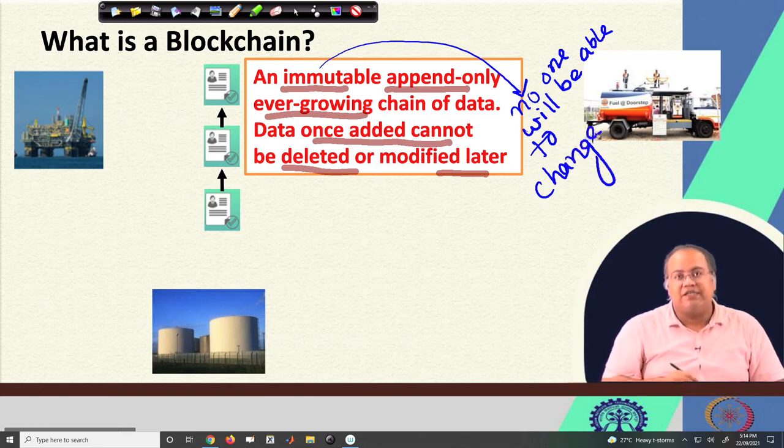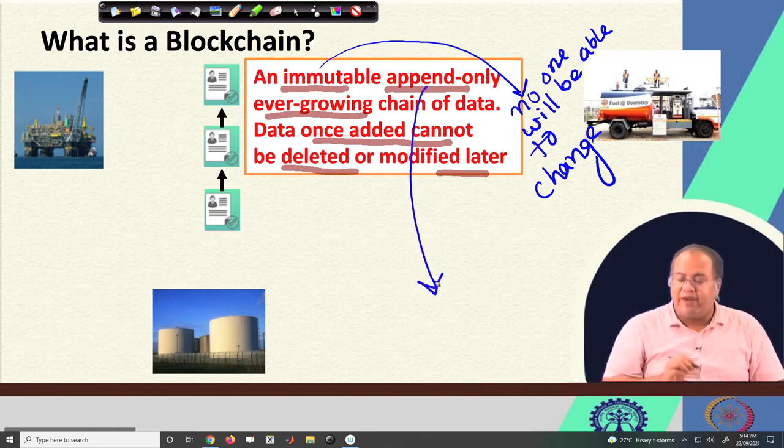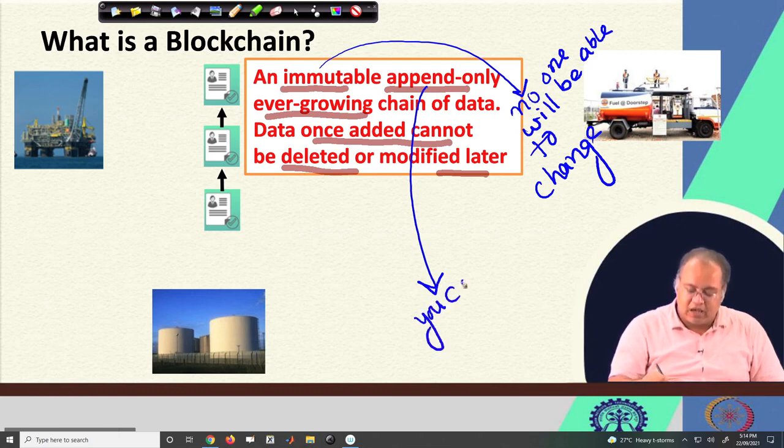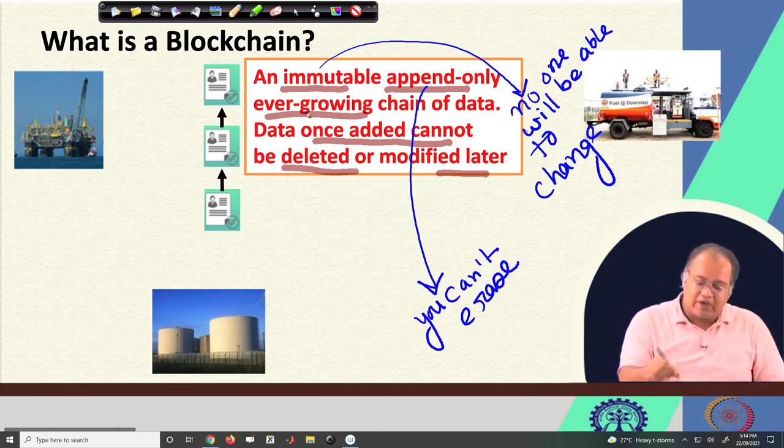That is the thing I am going to support. Then I am saying it is append-only, which basically means that you cannot erase. Once you have written something, it cannot be deleted any further, and because it is append-only, it is also ever-growing.